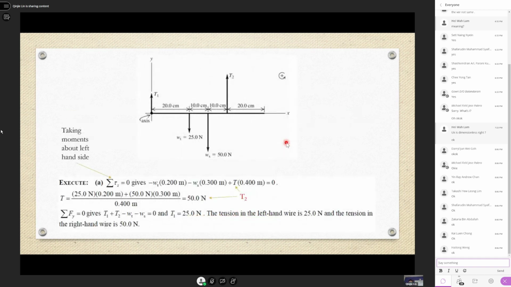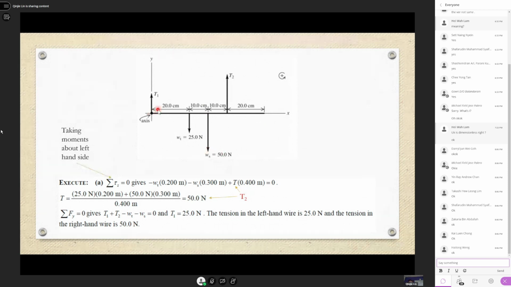So you go and draw a free body diagram of the shelf. The shelf is not moving, so you treat it as a static equilibrium problem. So what do you have? The weight of the shelf, at the middle, acting downwards.